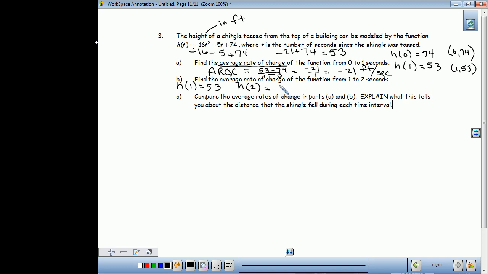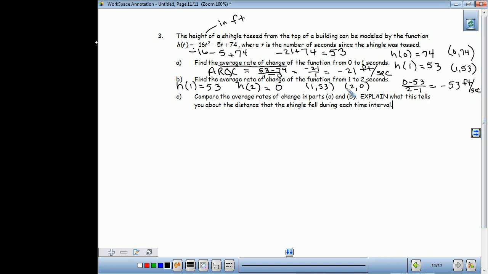Anyone? 0. So my 2 points are 1, 53, and 2, 0. So I do 0 minus 53 over 2 minus 1. So we get negative 53 feet per second.